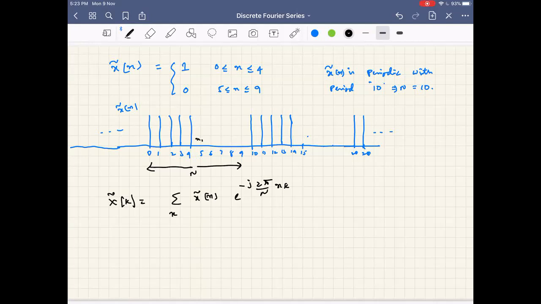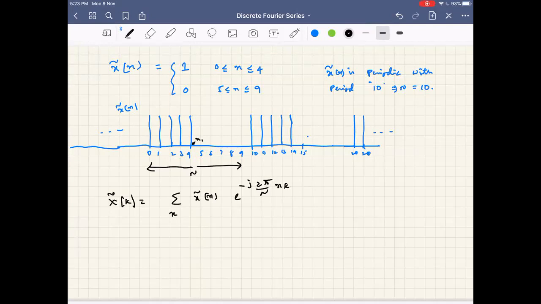Assume that the signal x tilde of n is 1 up to capital n1 and 0 for the rest of the duration. For that let us write, and then substitute finally n1 equal to 4 in this case, so that we will have a general expression and also the specific answer.